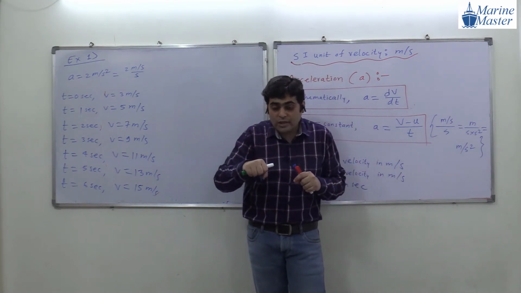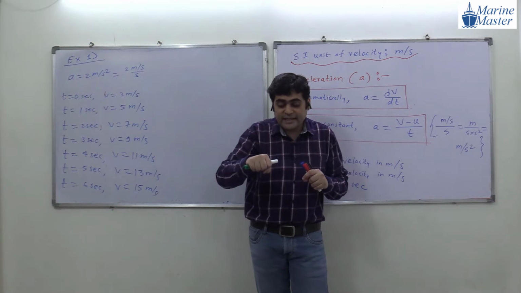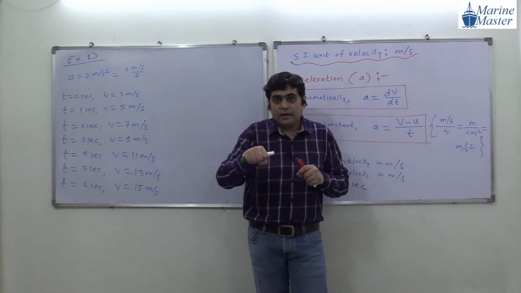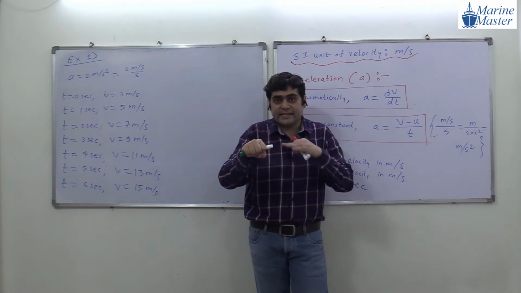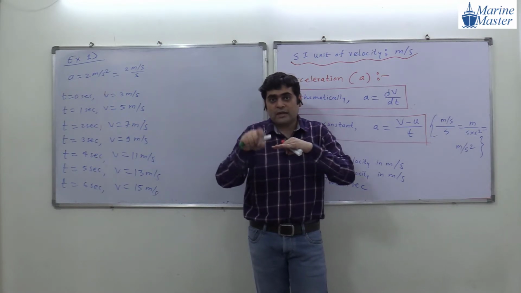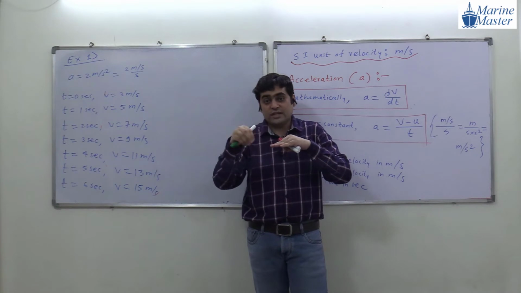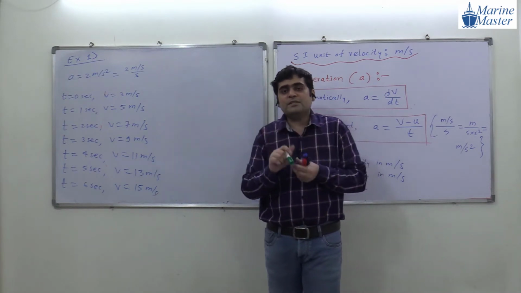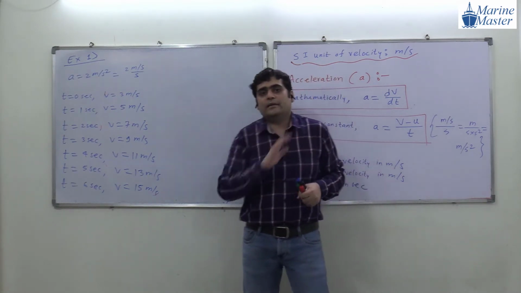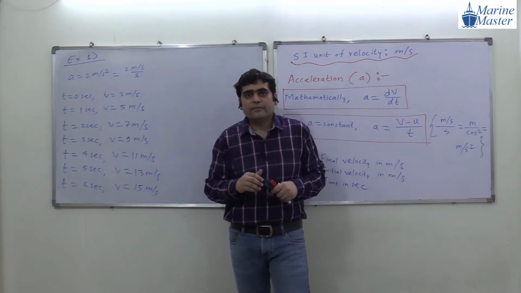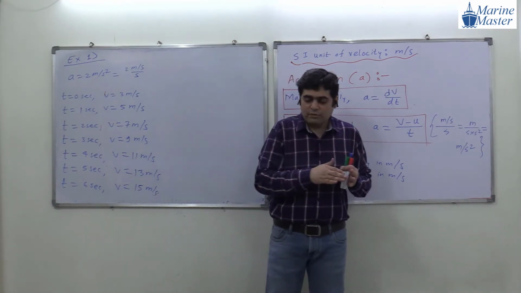But a few people increase the accelerator linearly. In that scenario, acceleration is constant. The best example is a train, where they increase the velocity uniformly.